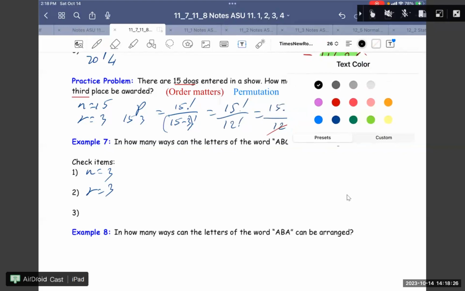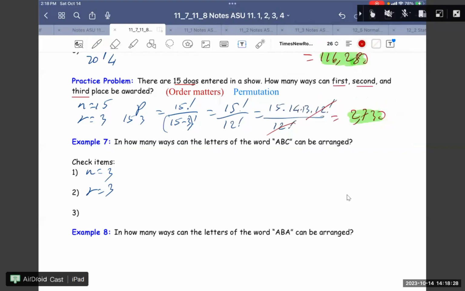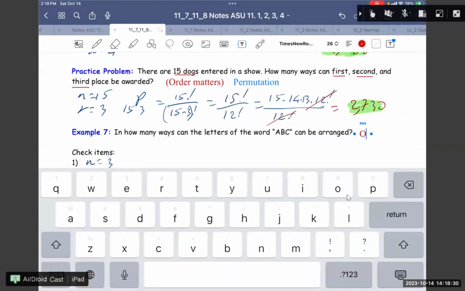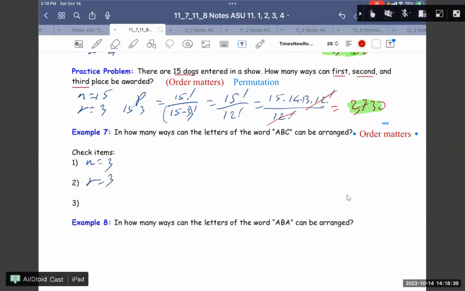So this one, order matters. If order matters, what is that? Permutation. So we can say P, pick 3, 3.